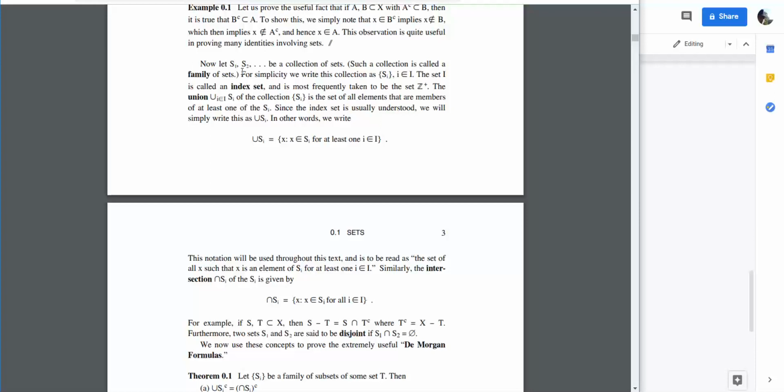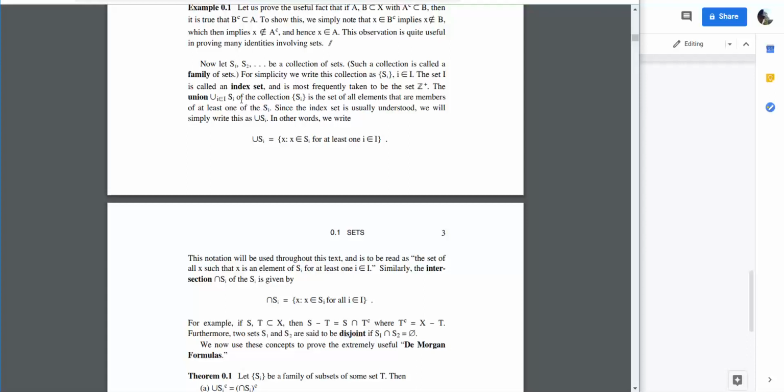In this case, the union over i in the positive integers of S_i is the set of all elements that are members of at least one S_i.